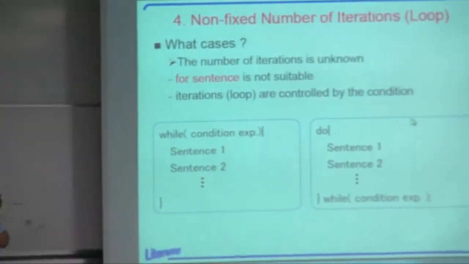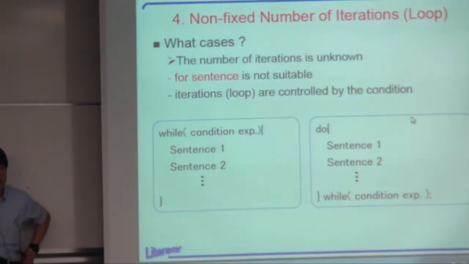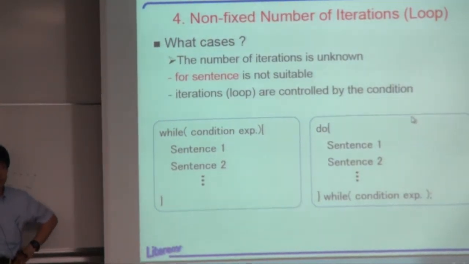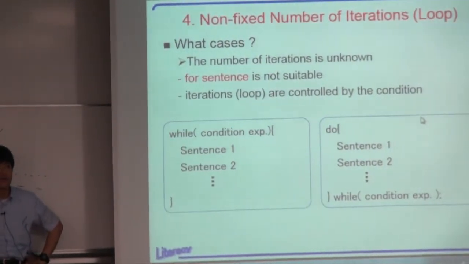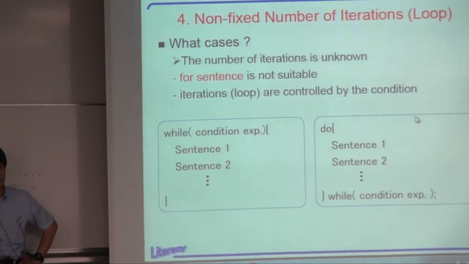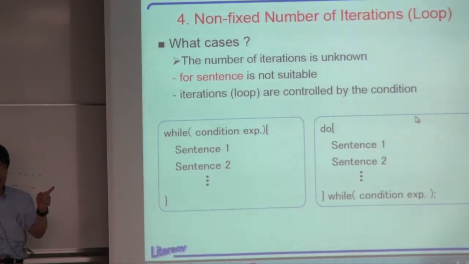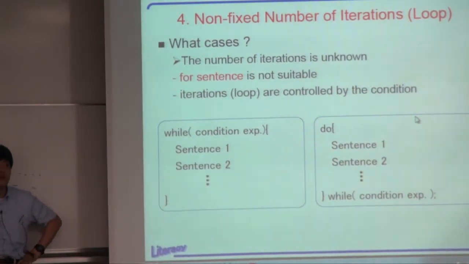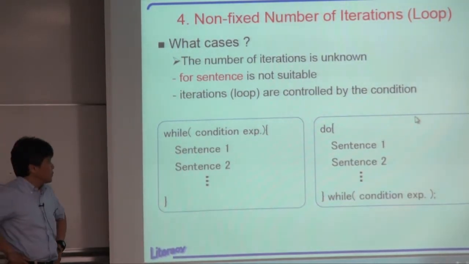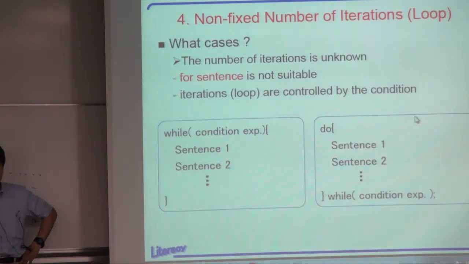Okay. So usually for sentences always need loop counters. In the previous example, the variables i and j are treated as loop counters. Sometimes you don't need any loop counters for loop sentences.